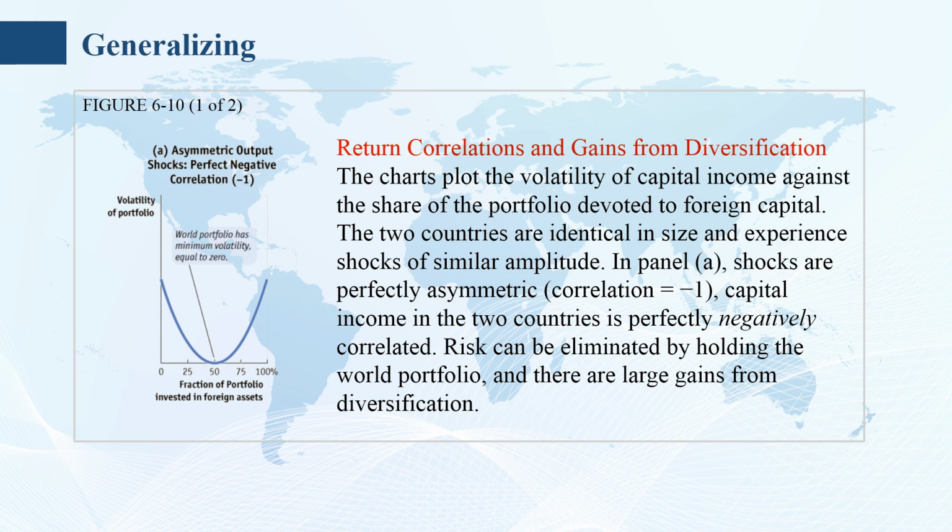In panel A, shocks are perfectly asymmetric. Correlation equals -1. Capital income in the two countries is perfectly negatively correlated. Risk can be eliminated by holding the world portfolio, and there are large gains from diversification.